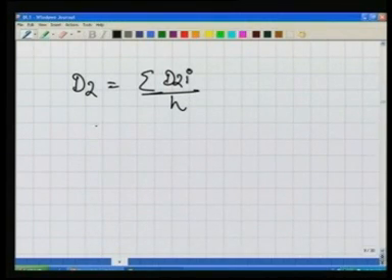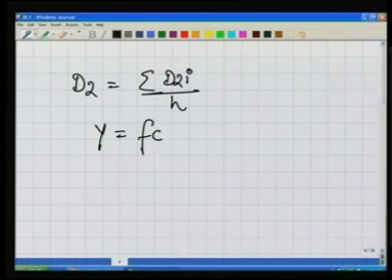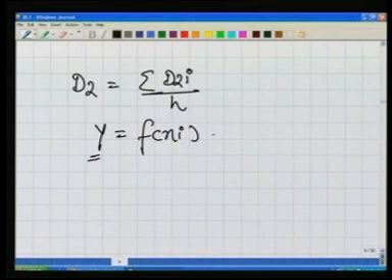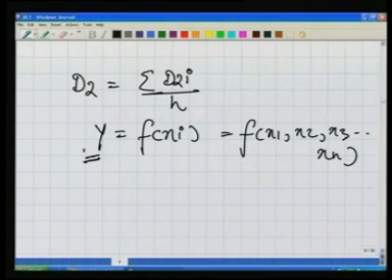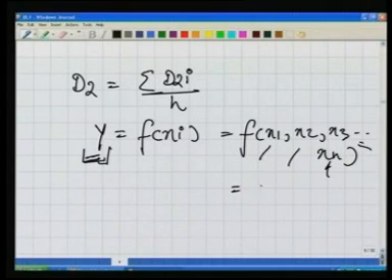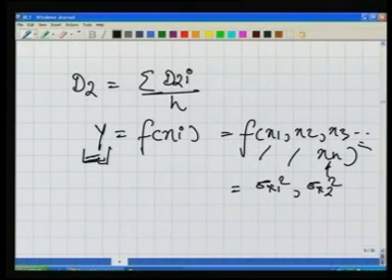We have seen one formula. If y is a function f of xi, we are computing this y from several observations, for example x1, x2, x3, and so on up to xn. In computing this quantity, we are making use of all these observations, and in all these observations there are errors: sigma x1 square, sigma x2 square, sigma x3 square, and so on.